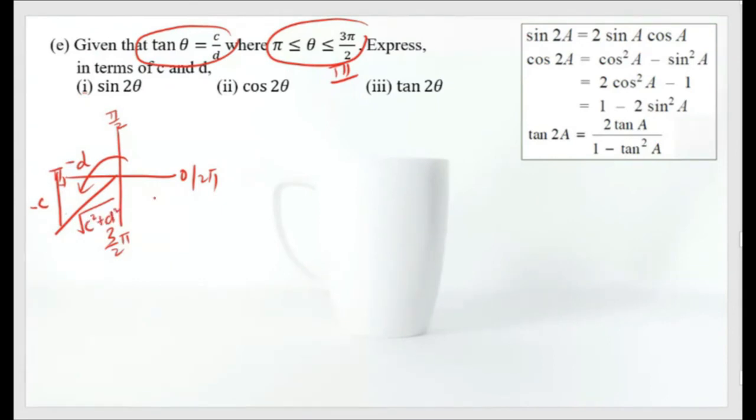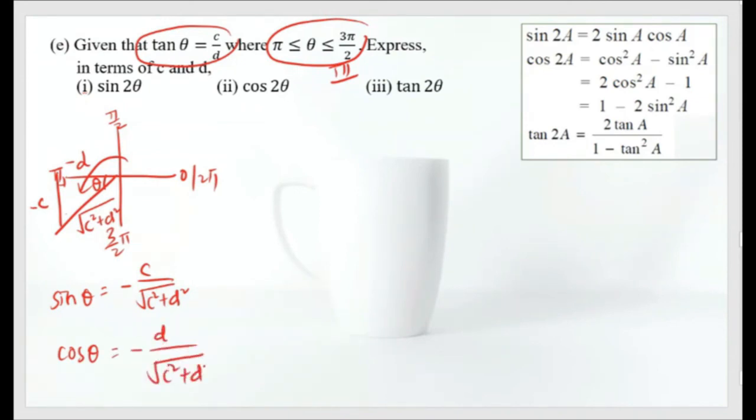So from here, you tell me what is the sine theta. The sine theta is opposite over hypotenuse, so it's negative c over square root c squared plus d squared. Then your cos theta is negative d over square root c squared plus d squared. Then your tangent is c over d.